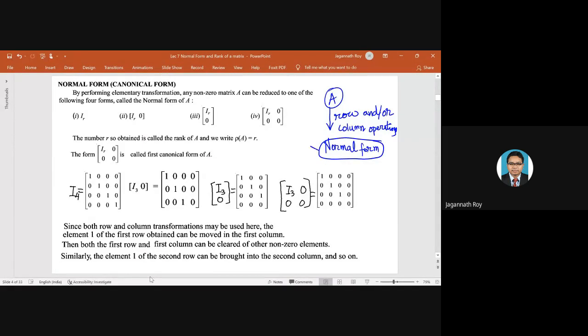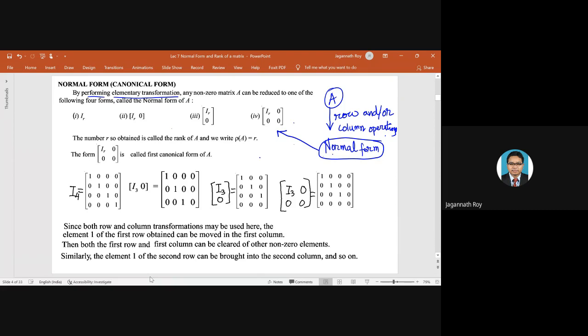The normal form will be any one of these four matrices. So by performing elementary transformations, we are not talking about row or column specifically, because both can be performed in this case to find the normal form. How do we find this normal form? We'll look into it very soon. But the normal form will be one of these four forms.